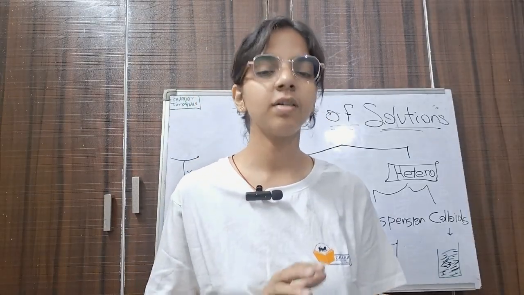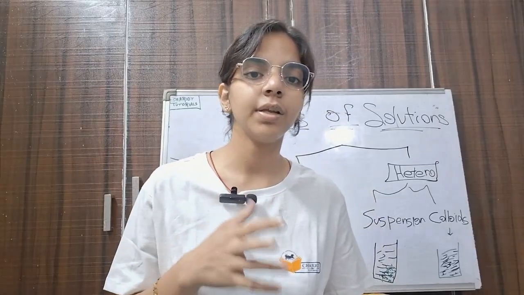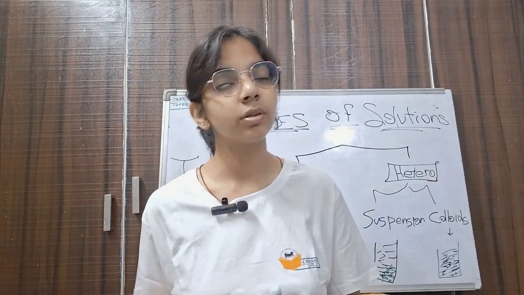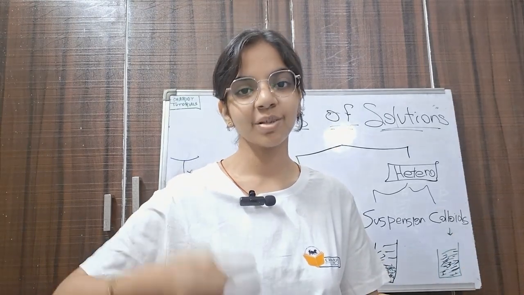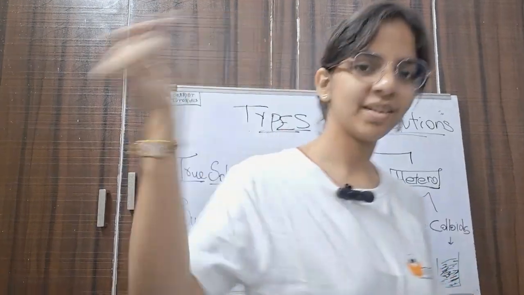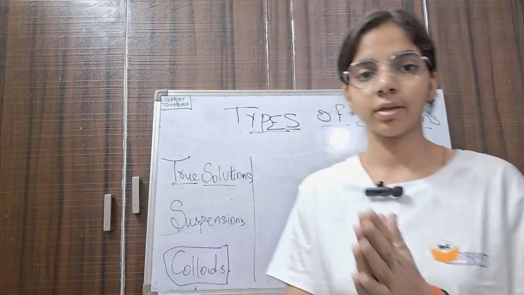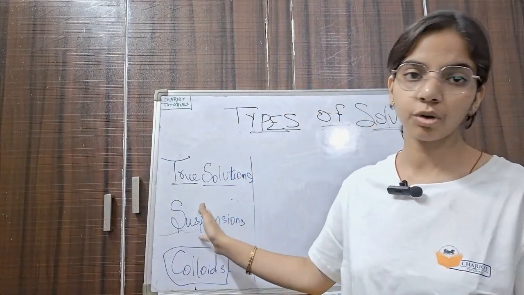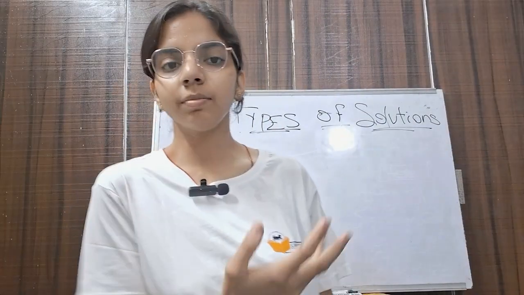Now we will see a comparative study. The basic difference is how we can identify whether a solution is a true solution, a colloidal or a suspension, right? So let's go and do the comparative study of these three types of solution, that is true solution, suspension and colloid. We will see the basic distinction between these three.